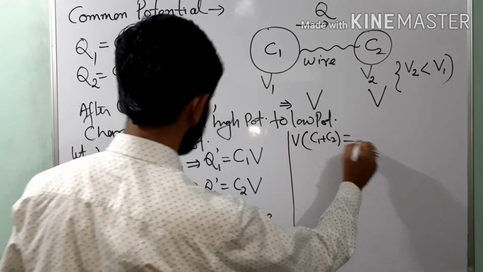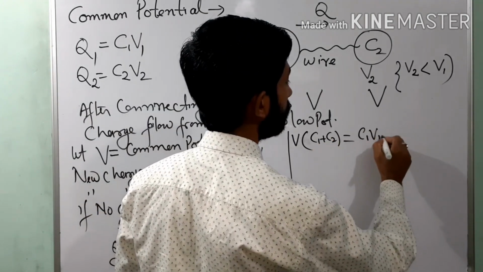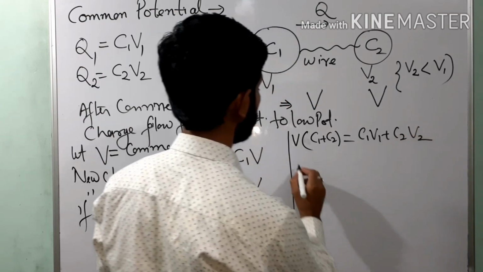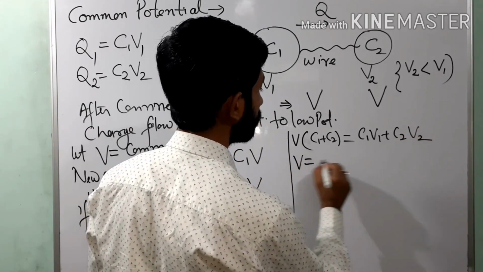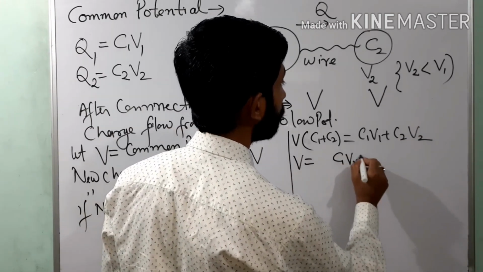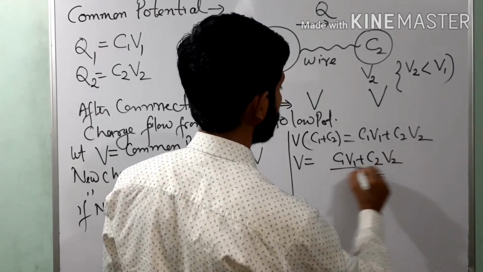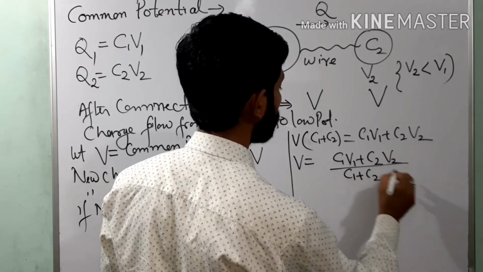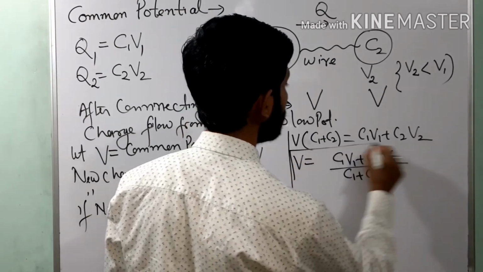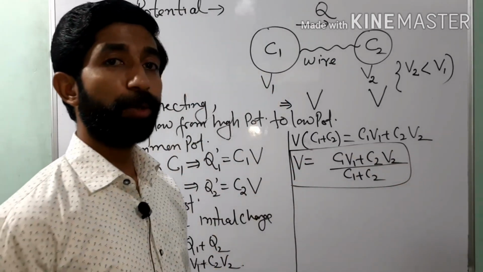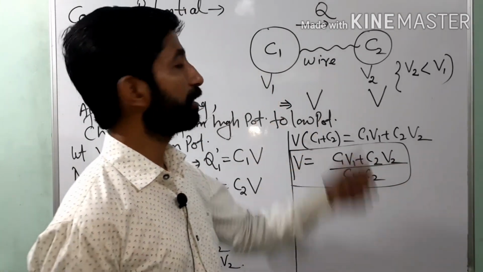V times (C1 plus C2) is equal to C1V1 plus C2V2, so V is equal to (C1V1 plus C2V2) over (C1 plus C2). This is the value of the common potential of the two capacitors.